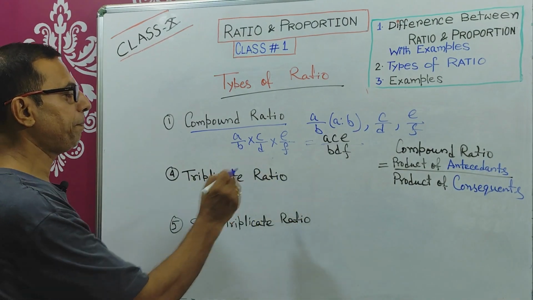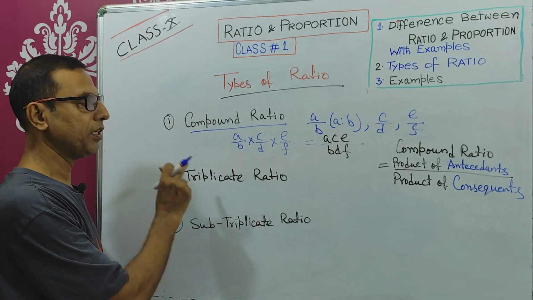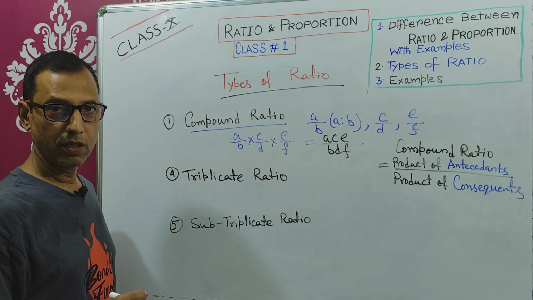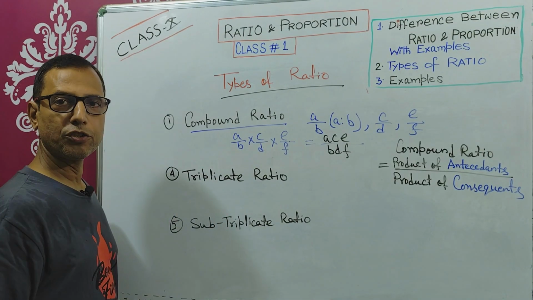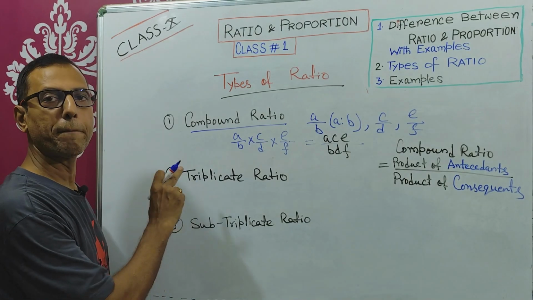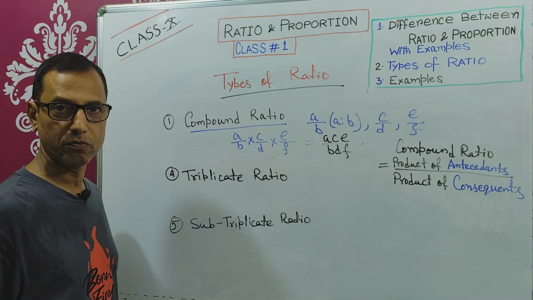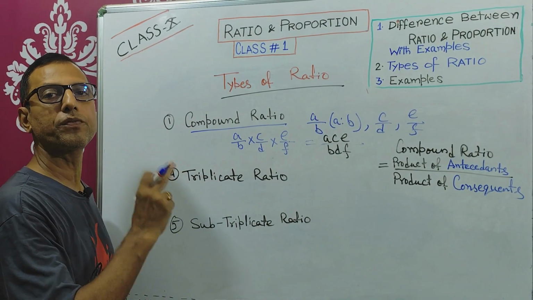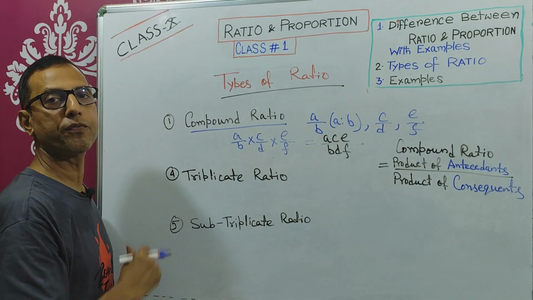Similarly, triplicate ratio, you can understand from the name. If three ratios are equal to each other, the compound ratio of three equal ratios is the triplicate ratio. In duplicate ratio, we understood the compound ratio of two equal ratios is the square of that ratio. Triplicate ratio is the compound ratio of three equal ratios, which is equal to the cube of the ratio.